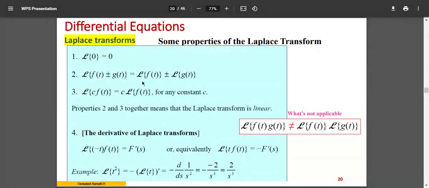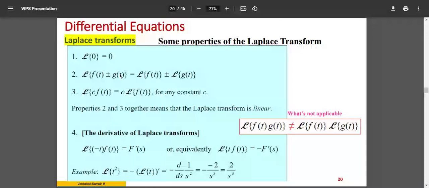In that case, the Laplace transform of the first equation plus or minus, according to the sign, the Laplace transform of the second equation. So you can break them up separately. For example, I'll give you an example: Laplace transform of x cube plus x square. In this, x cube I can call f of t.